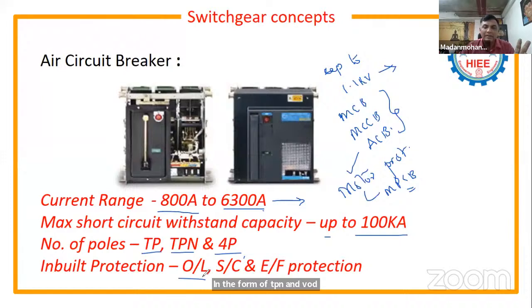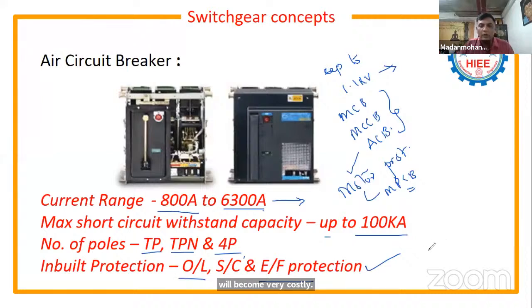Here you have to understand in terms of inbuilt protection. Generally, all low voltage breakers are provided with inbuilt protection. We cannot go with external protection for low voltage applications because it will become very costly.